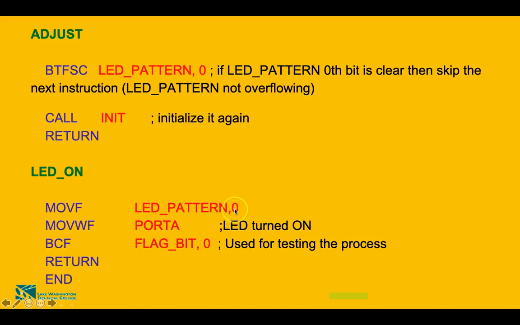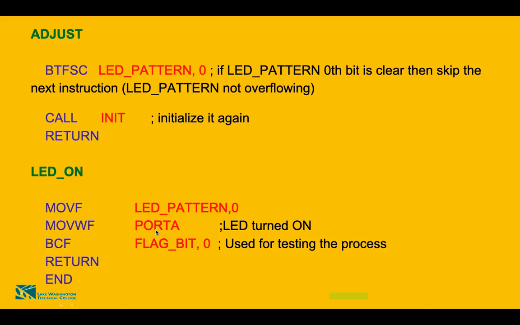This 0 indicates your D, which means where you want to store the data. If it is 0, that means you want to store the data into your working register. So with LED pattern comma 0, data is stored in the working register, and from the working register it has gone to port A. As soon as it goes to port A, the LED will be turned on.